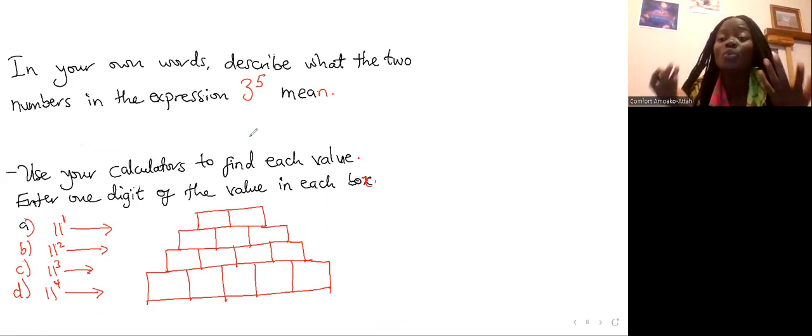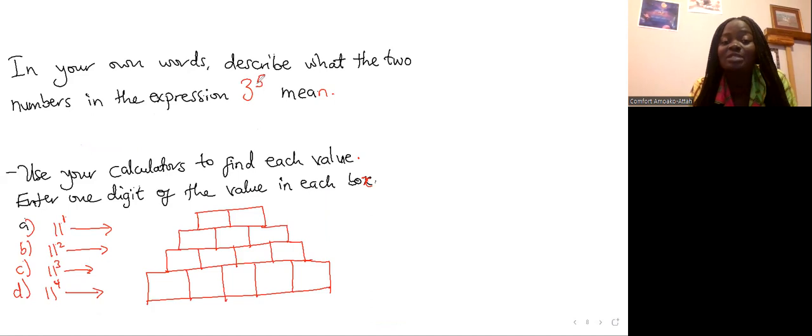Now, in your own words, describe what the two numbers in the expression 3 exponent 5 mean. Then you now use your calculators. You can get your calculators from the big ideas. You have the scientific calculators there. Good. So use the calculators to find each value.